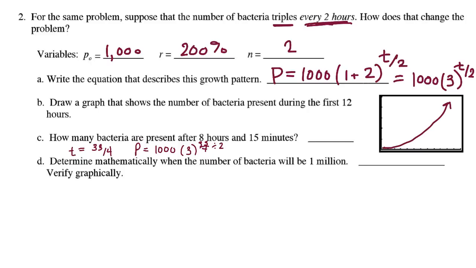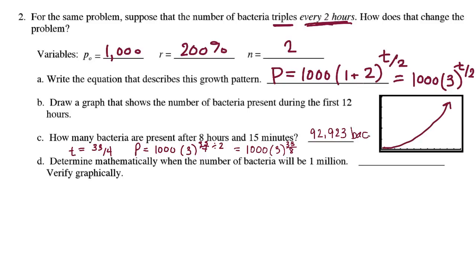So let's simplify that down to 1,000 times 3 raised to the 33 over 8. And when you type all of that in your calculators, you should get pretty close to 92,923 bacteria.